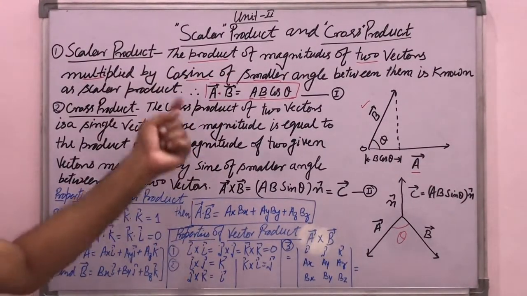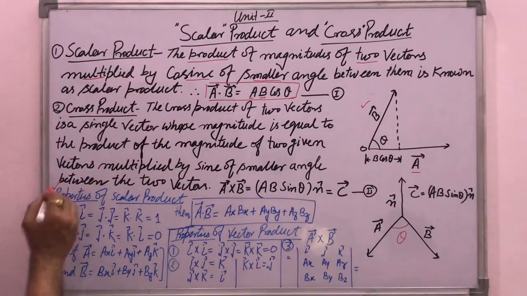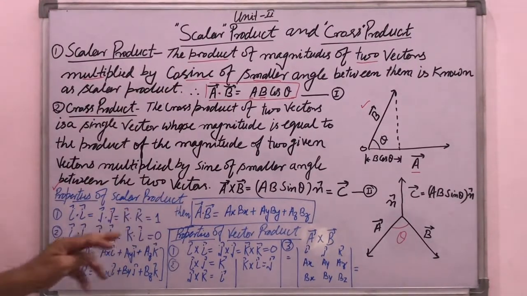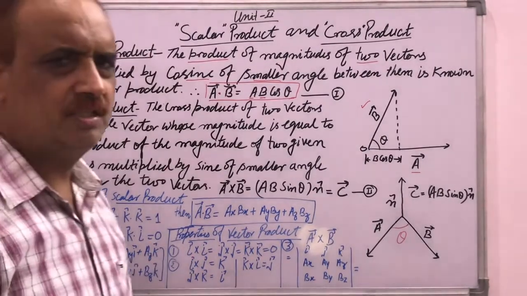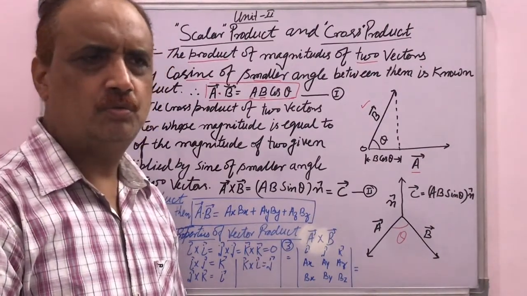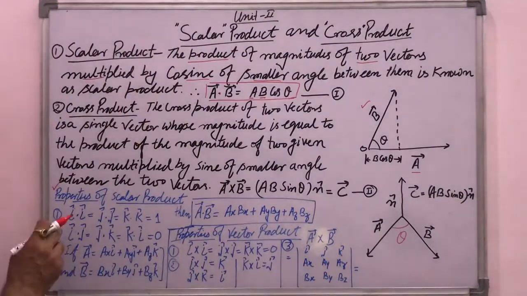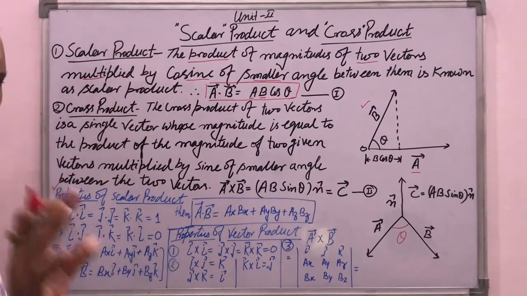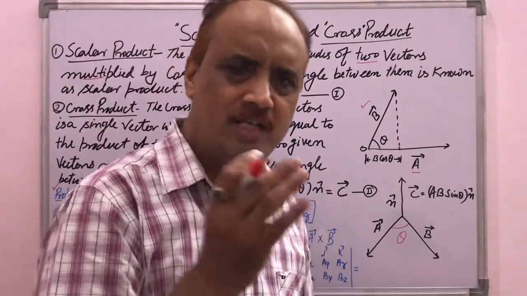Now what are the properties of the scalar product? There are many properties, but we will discuss here a few properties that are used to solve numerical problems. Property number 1: the unit vectors i, j, k are the unit vectors along the x-axis, y-axis and z-axis respectively.